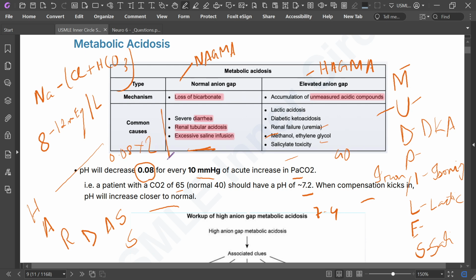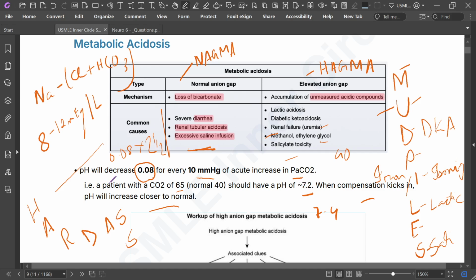So if we calculate 0.08 into 2 and a half, we can find that it is closer to this value. It actually follows this calculation. So if pH is 7.2, how can we calculate?